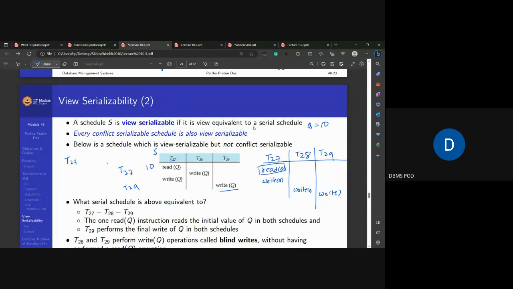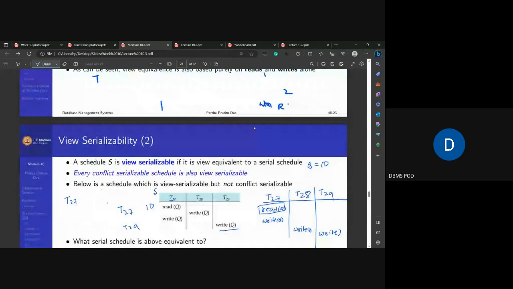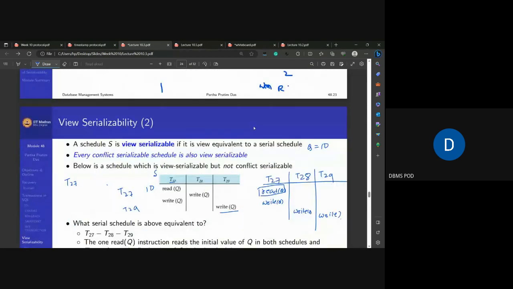Now we have to check the write-read pair. In this schedule there is no write-read pair. Now we have to check the final write. The final write is done by T29, and in S' also it is done by T29. So we can say that this is view equivalent to a serial schedule, so this is view serializable.